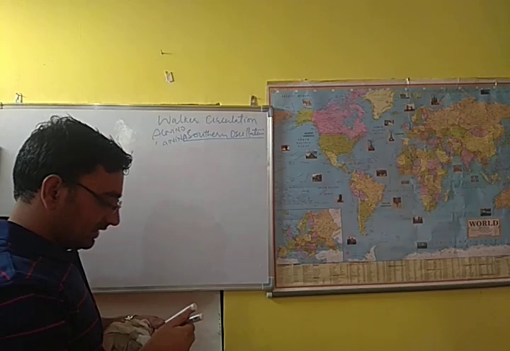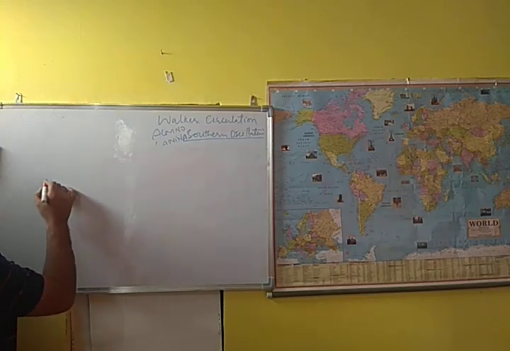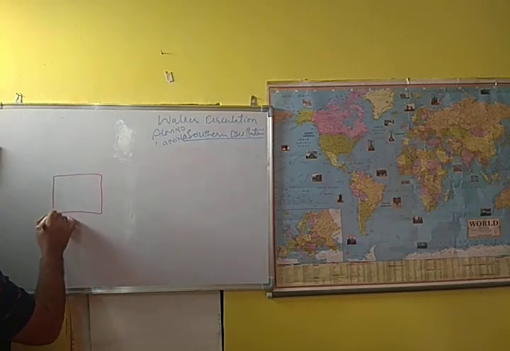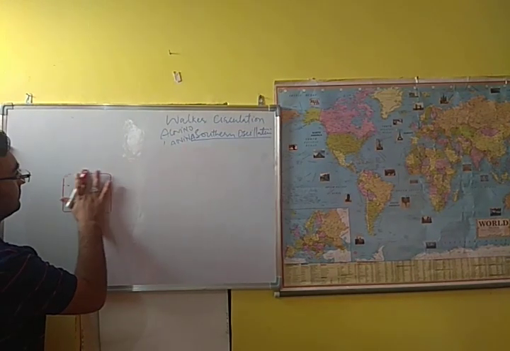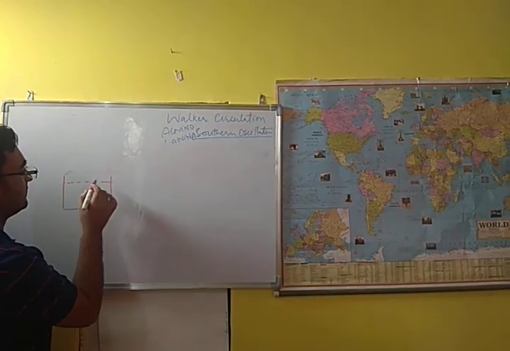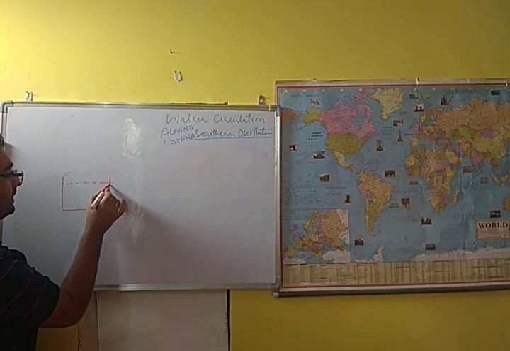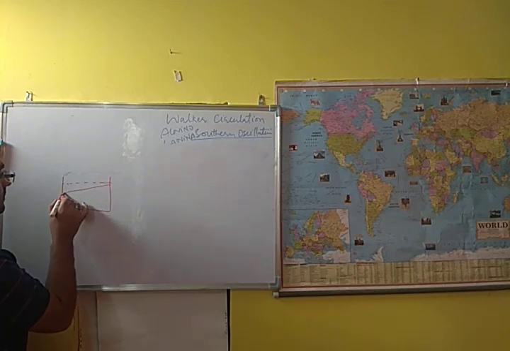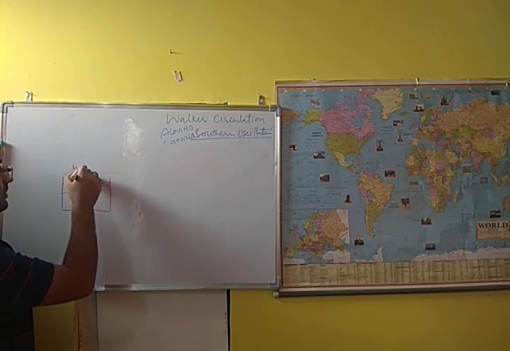So earlier, if you remember, I drew a diagram here. This is the sea level, and the interface of warm and cold water was something like this during the Walker circulation.